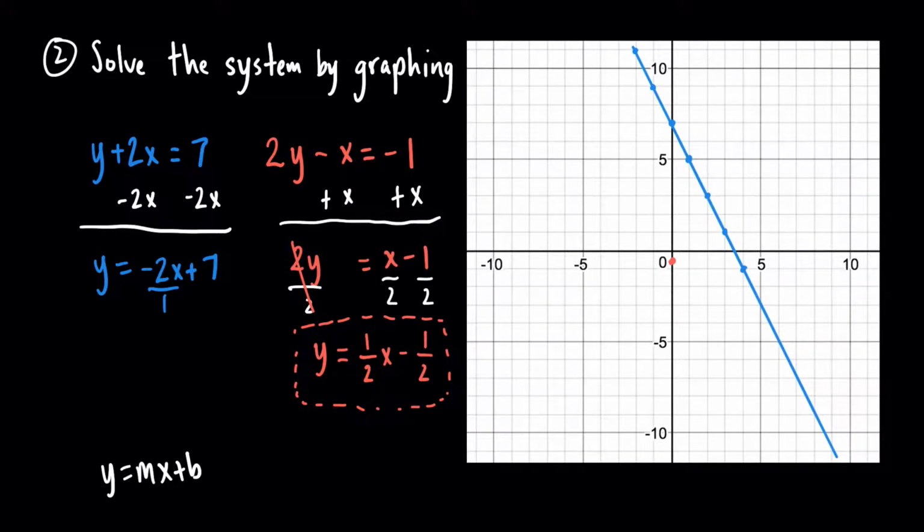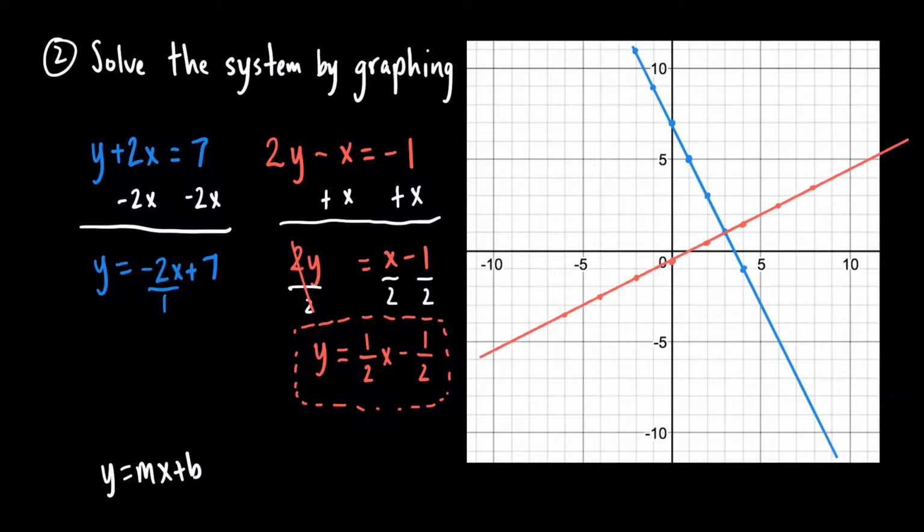We're going to go up 1 over 2, up 1 over 2, up 1 over 2, up 1 over 2, and then you can go down 1, left 2, down 1, left 2, down 1, left 2, and so on and so forth. Let's get a nice ruler here and draw a straight line through that. So here's our second line.